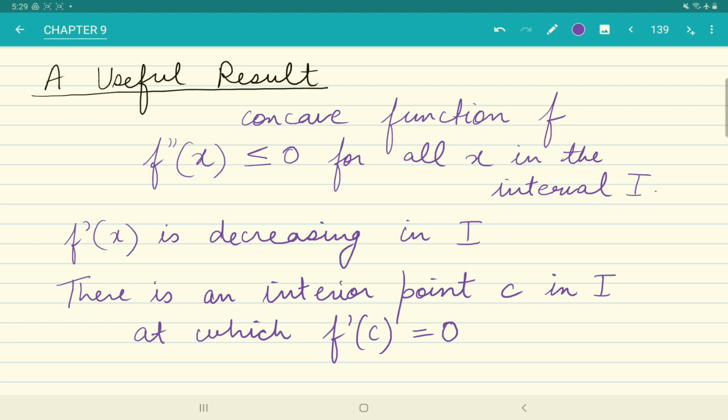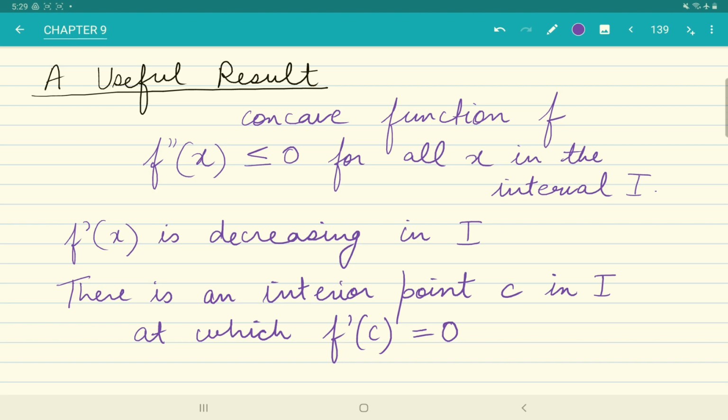So the slope of the tangent to the graph of the function is decreasing in the interval, and there is an interior point C in the interval at which f prime C is equal to 0. At that point the slope is 0. What does that mean? I also know that the slope is decreasing in that interval.